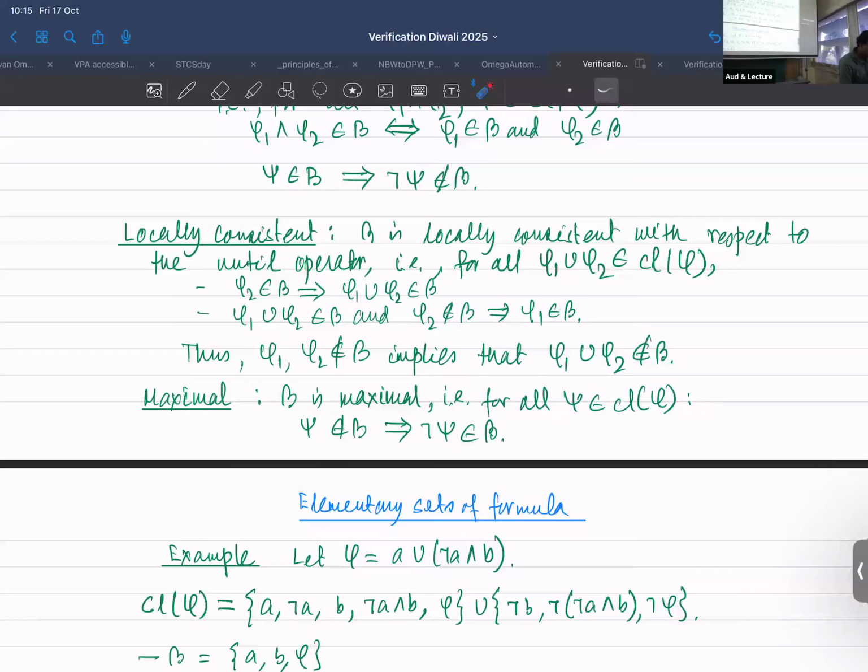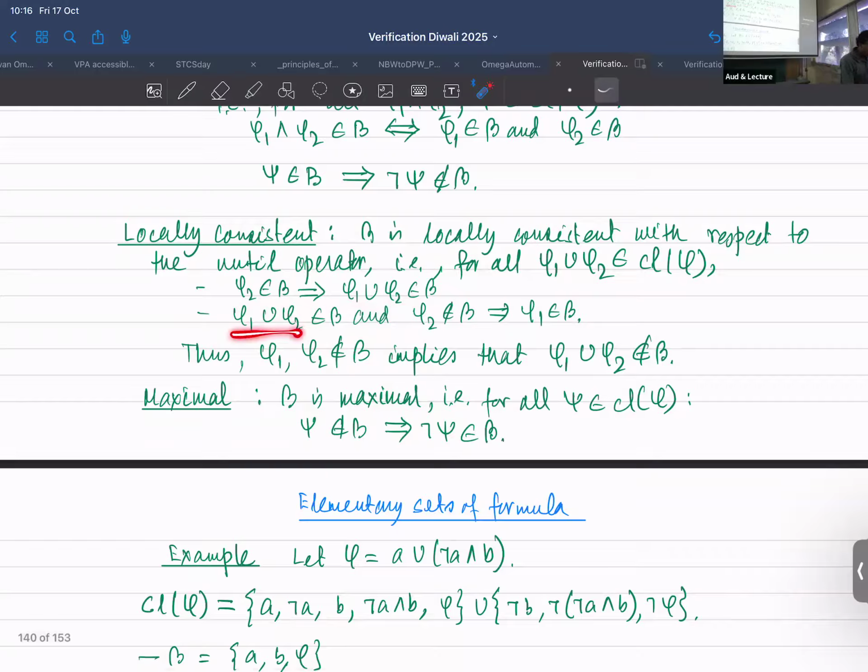So note here that this phi 1 until phi 2 has to be in the closure. It's a subformula which is in the closure. So if such a subformula appears in the closure, and if phi 2 belongs to beta, then the subformula phi 1 until phi 2, which is there in the closure, also has to be in beta.